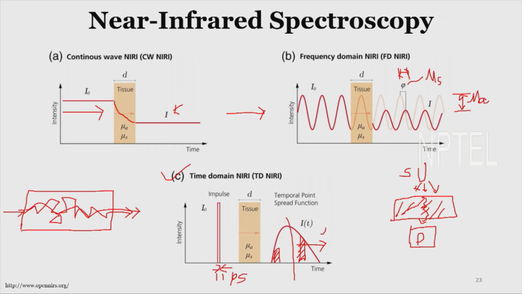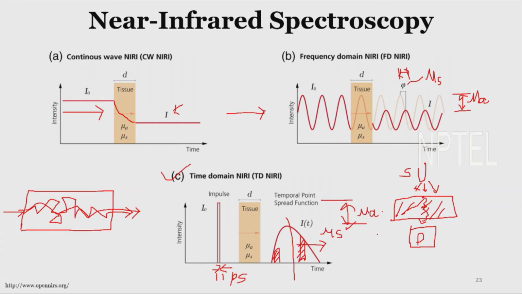From that you can quantify the scattering coefficient, for example. If there is more stretching of the tail, it means there is more scattering. Again, you can quantify the amplitude of the received signal, and from there you can quantify the absorption coefficient.